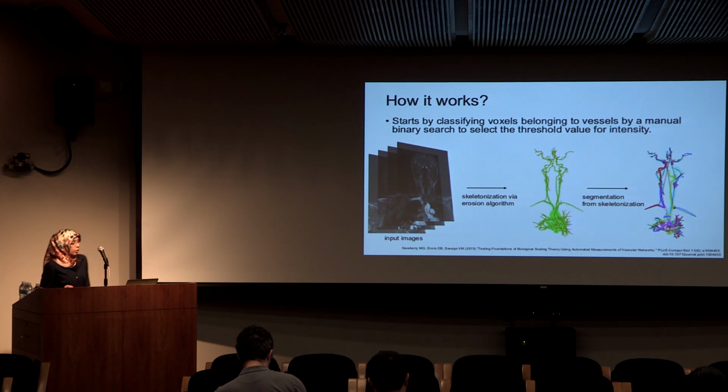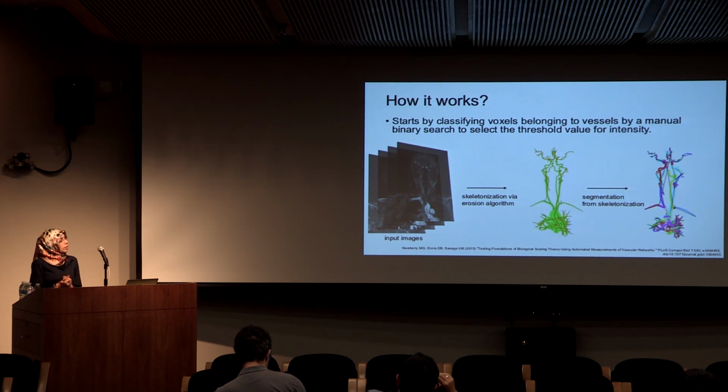So how it works: Angicart accepts 2D stacks of angiographic images. In those images, you see a lot of things that are vessels and that are not vessels. In order to distinguish vessels from non-vessel objects, you need to choose some intensity threshold. Once you choose the intensity threshold, the algorithm does a skeletonization by using an erosion algorithm.